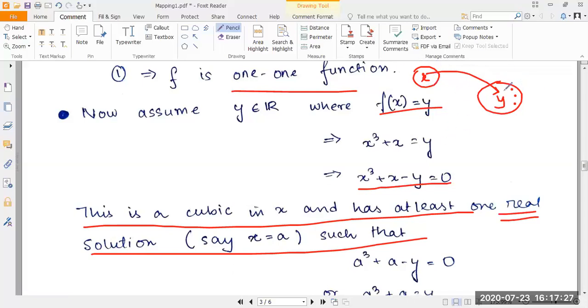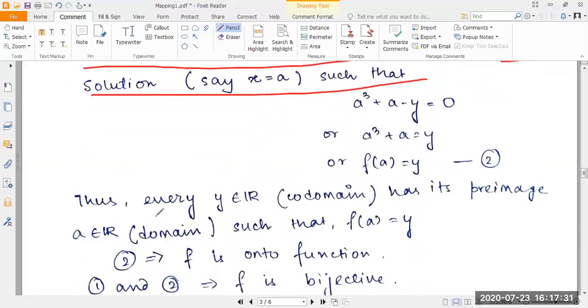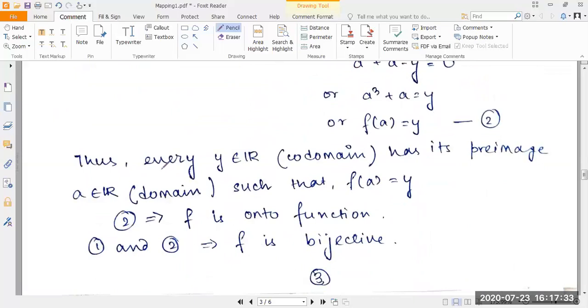So essentially the codomain set and the range set is the same. So that is what I have written here again in a different format. Every y belonging to our codomain has its pre-image a belonging to R in the domain set such that f of a equal to y. This statement itself implies that f is an onto function.